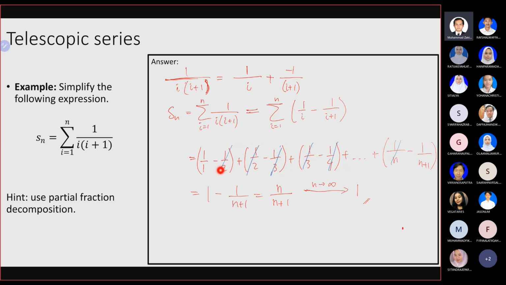Karena kita selalu punya min setengah plus setengah, min sepertiga plus sepertiga, min seperempat plus seperempat, dan seterusnya, sampai min seper n plus seper n. Kita bisa coret. Sisanya tinggal yang paling depan dan yang paling belakang. Ada pertanyaan untuk ini?